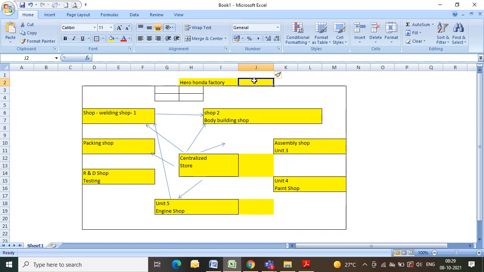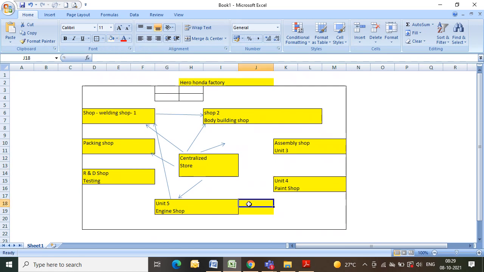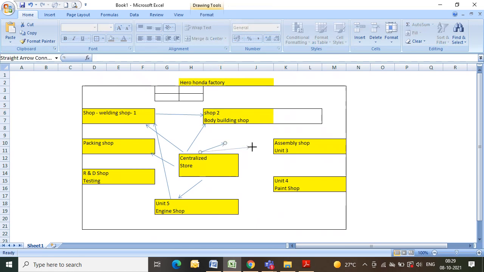When they don't have centralized stores, then each department has its own store, which is very costly. To maintain a complete store in each department is very tough. So most organizations have only one store.